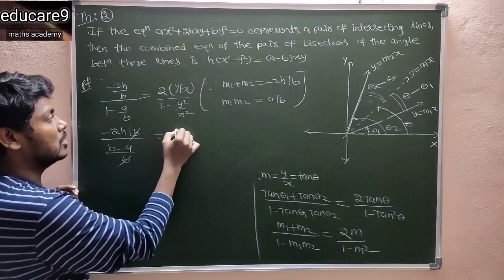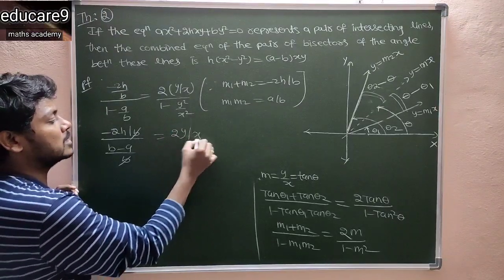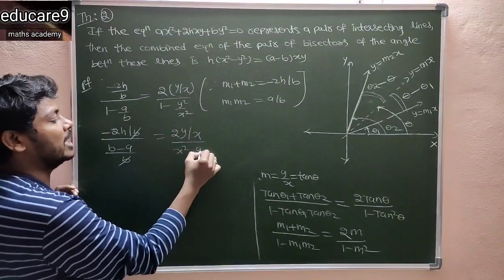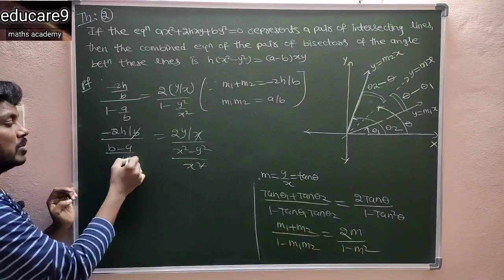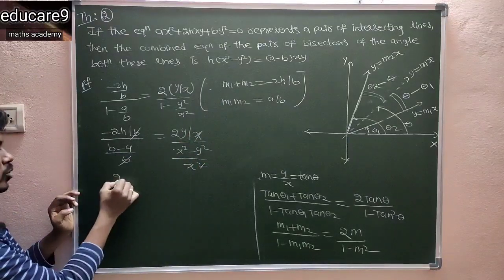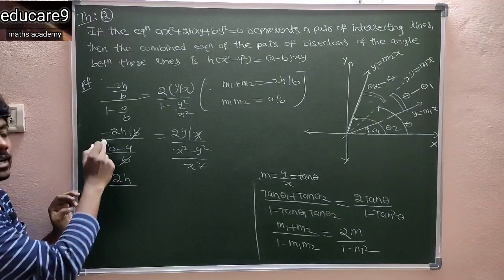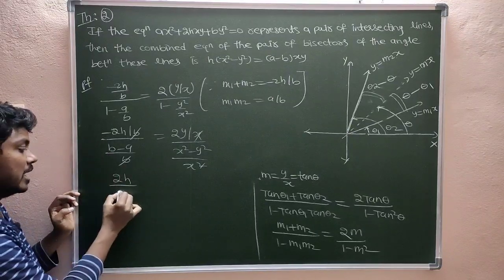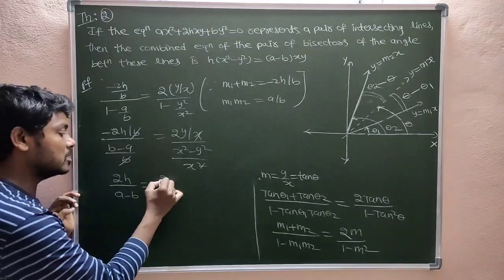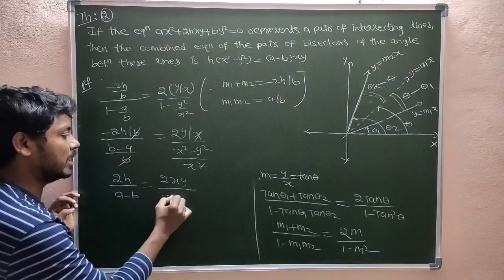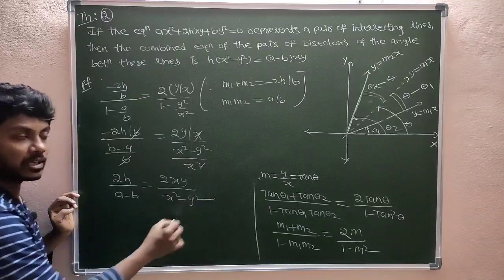This is 2y by x divided by x square minus y square by x square. So x gets cancelled. Here b gets cancelled. This is what? 2h, multiply minus with the denominator, so we will get a minus b is equal to, this x goes to the numerator, this is 2x divided by x square minus y square.